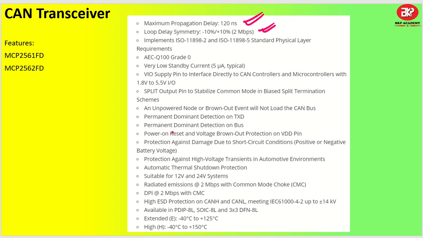It implements the ISO standards required for the CAN transceiver or CAN physical layer, which are ISO 11898-2 and 11898-5. It comes with AEC-Q100 Grade 0 capabilities. AEC-Q100 is applicable for all your automotive applications.